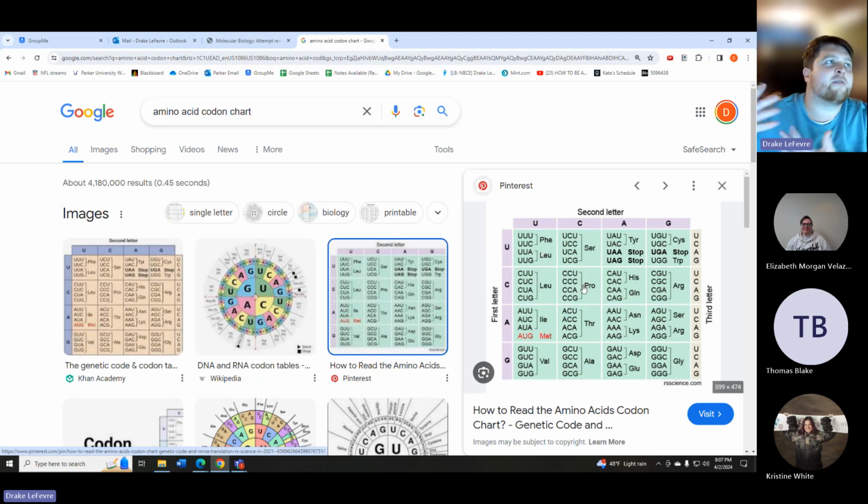Eventually, if you get enough mutations to change things slightly enough, then you'll start to get the expression of different traits. But the body is super resilient, where our DNA can get pretty jacked up as far as mutations go, and most of the time it will still work out and be completely fine.